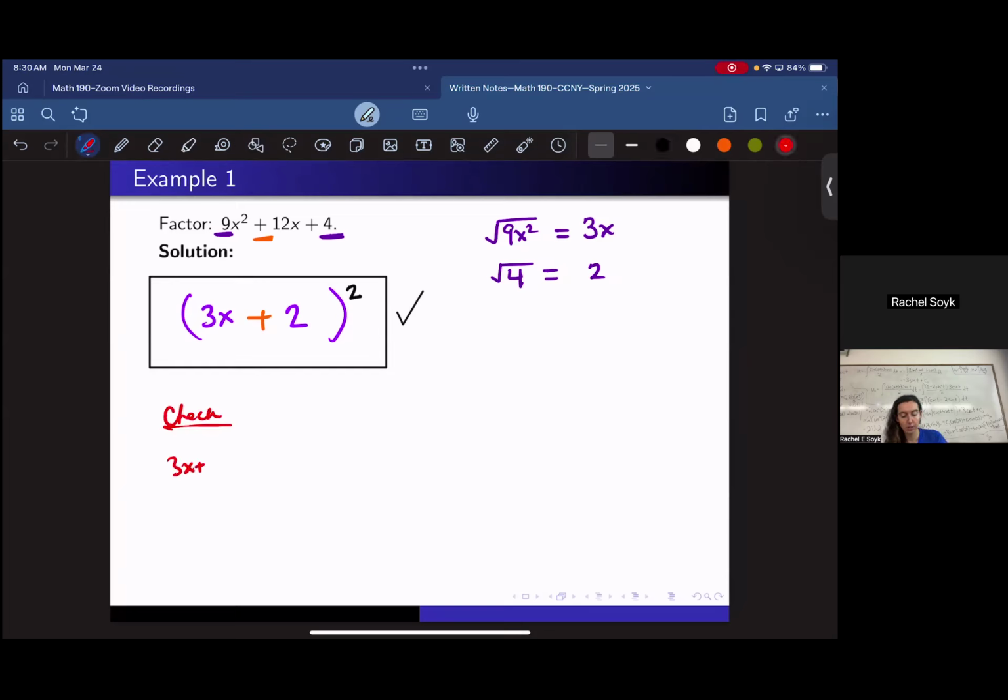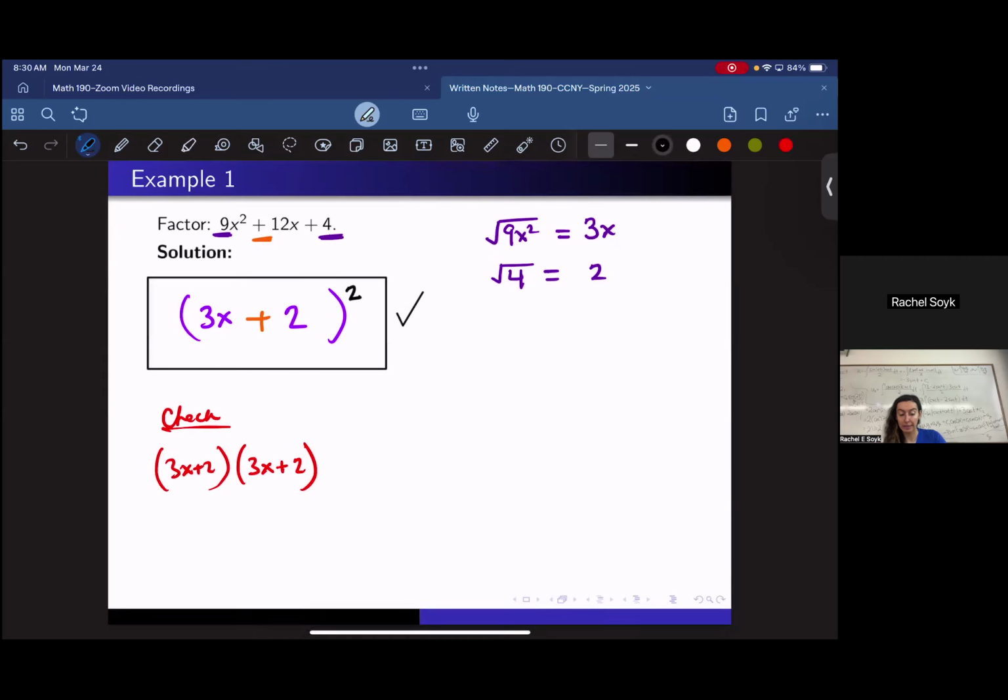We have (3x + 2) squared, which is the same as (3x + 2) times (3x + 2). Let's utilize our famous FOIL method. 3x times 3x gives you that 9x squared. 3x times 2 gives you that plus 6x. 2 times 3x also gives you a plus 6x. And then 2 times 2 gives you the plus 4.